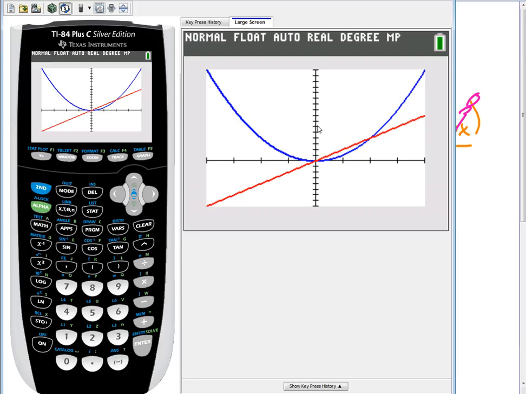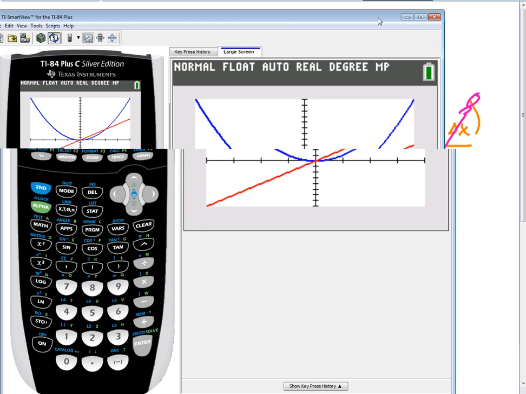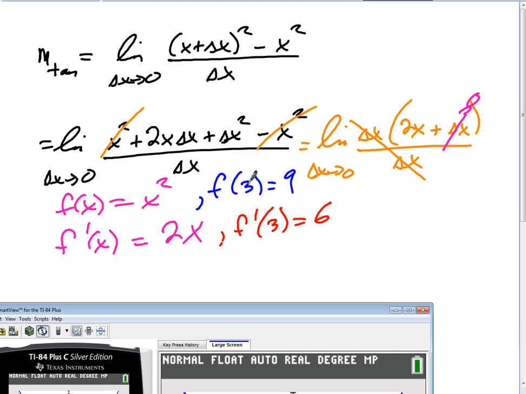So the point is, the derivative of the blue function, meaning the slope of the blue function for any value of x, is represented by the values of the red function. So when the blue was 9 and the red was 6, that is just because we happen to pick an x value.